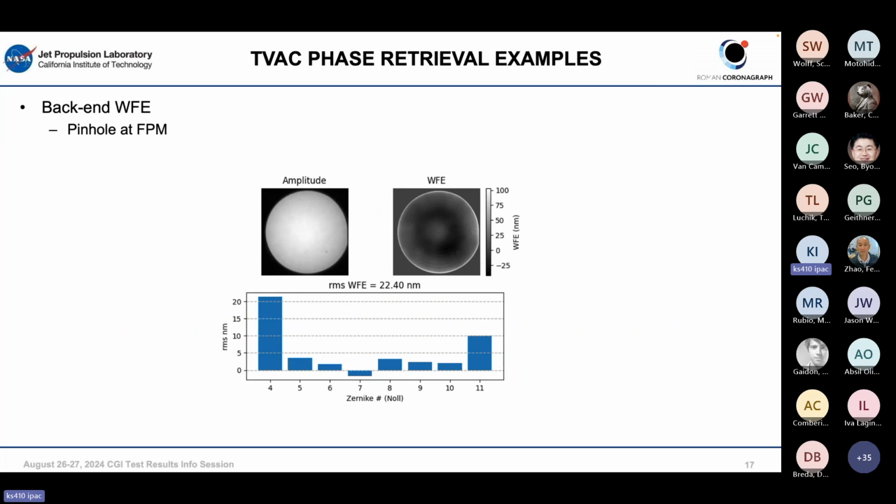And the last one is the back-end wavefront error, with the same phase retrieval algorithm, same everything, but there's a pinhole at the focal plane mask, so that we get a measure of the wavefront error of the back end. That's the phase retrieval result for that. And that's what I have. Thank you.